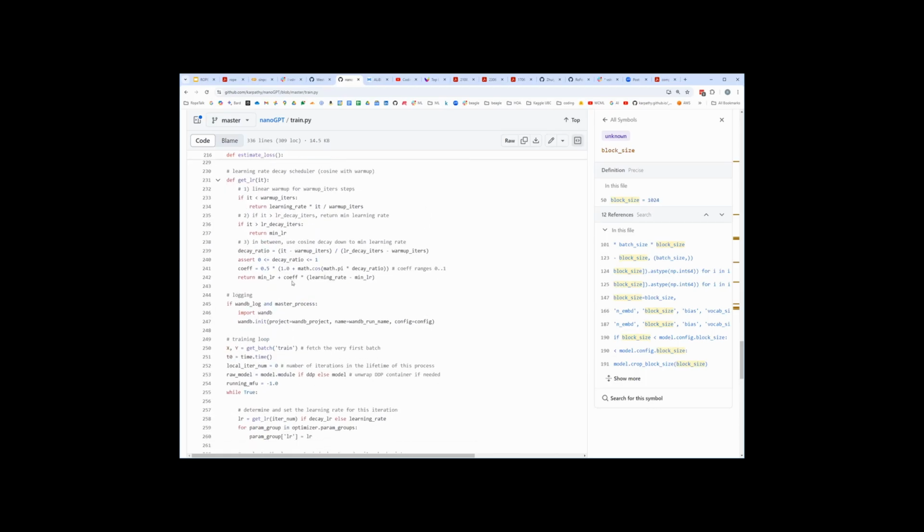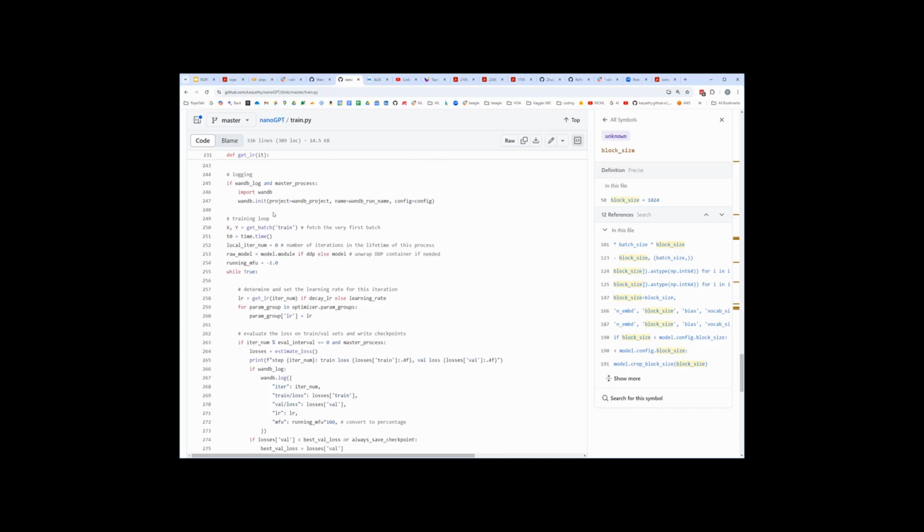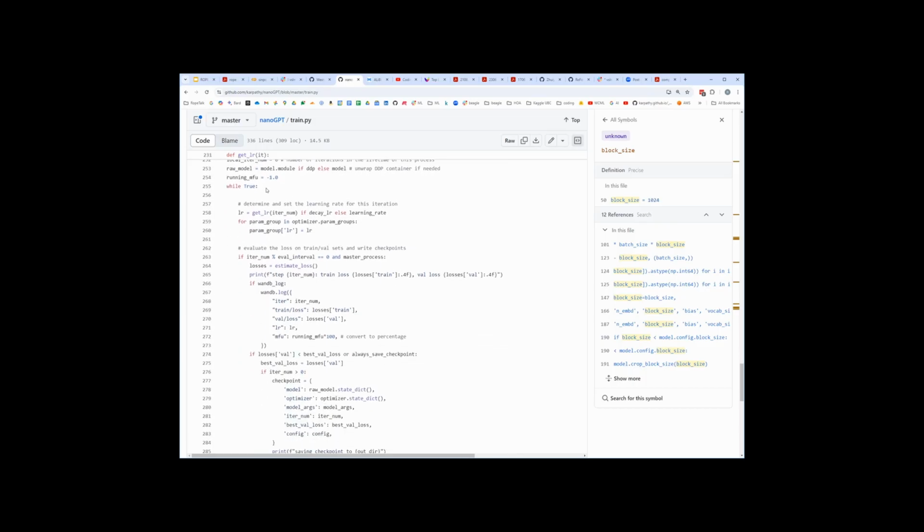Learning rate, he implements a cosine learning rate. So it goes up to a certain level and then cosines down to a minimal level and then stays there. He's got Weights and Biases integration.